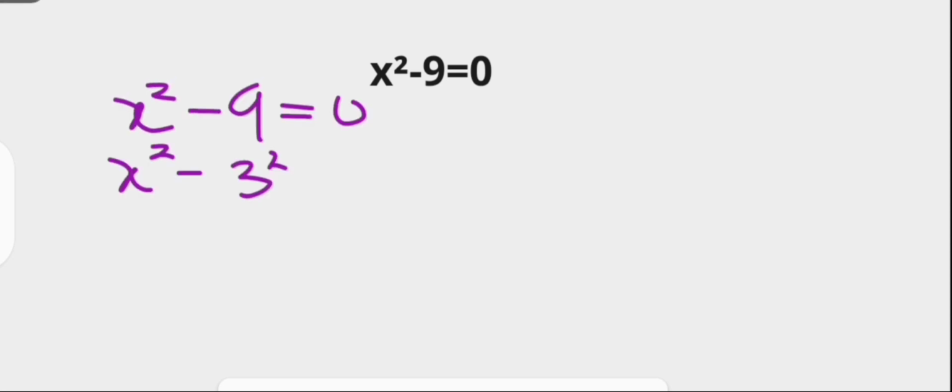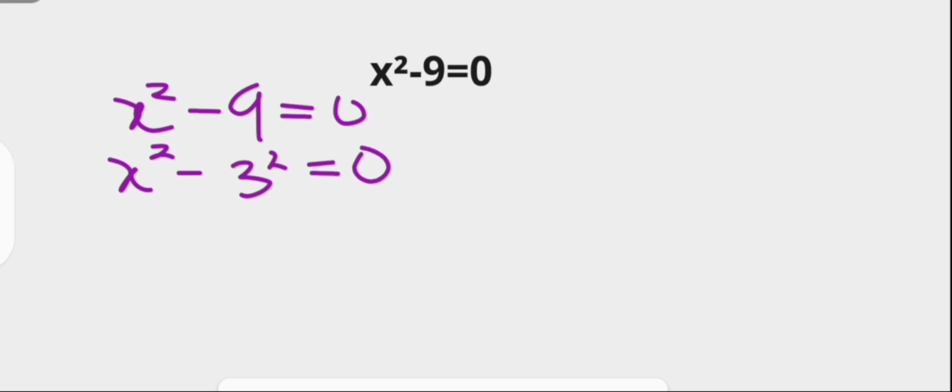The first example we shall be considering is x squared minus 9 equals 0. A look at this shows us that we have a difference of two squares. This means that we have x squared, which is x squared, and 9 can actually be expressed as 3 squared, and that equals 0.